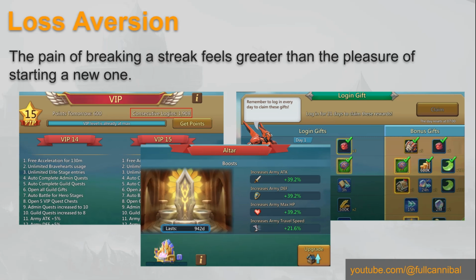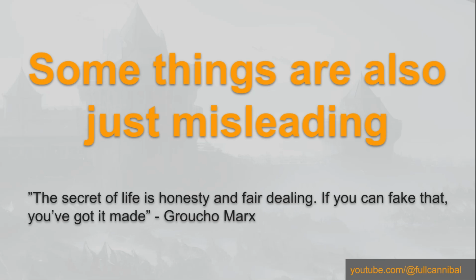So they know that, and a lot of these consecutive logins and all that sort of thing is meant to keep you on the streak. So that's some of it, again, just scratching the surface. Those are some of the ways in which you're influenced or manipulated, however you want to look at it.